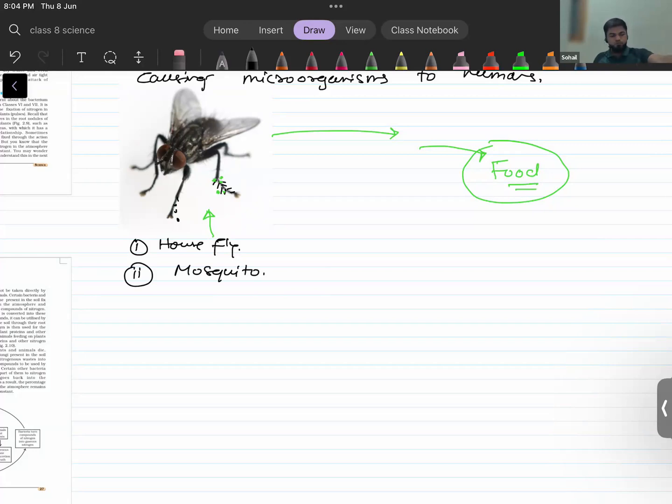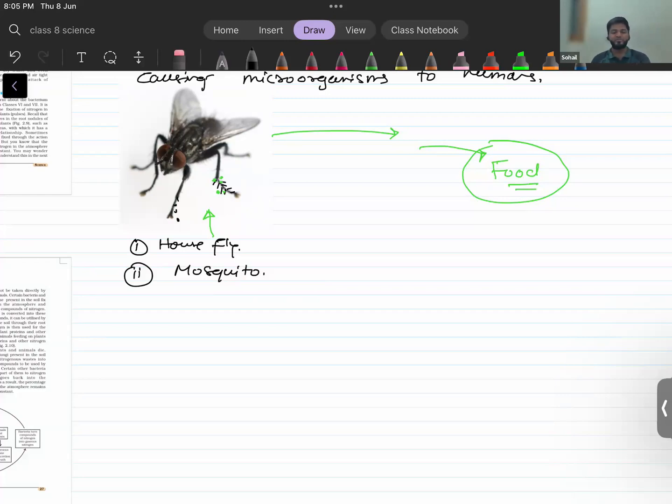It's a female mosquito, because male mosquitoes do not feed on blood, right? So you see, millions and millions of mosquitoes live in pond water, and especially the female mosquito feeds on human blood.